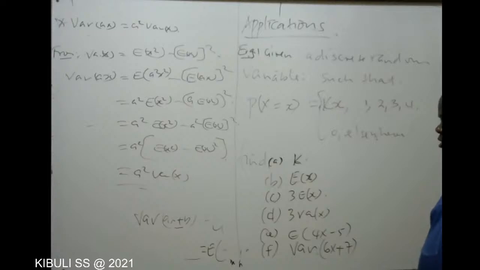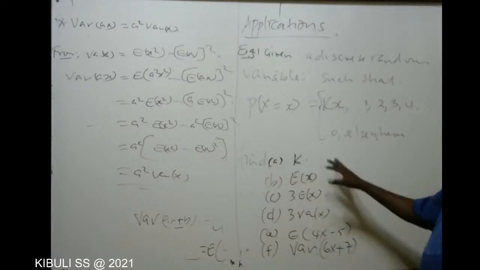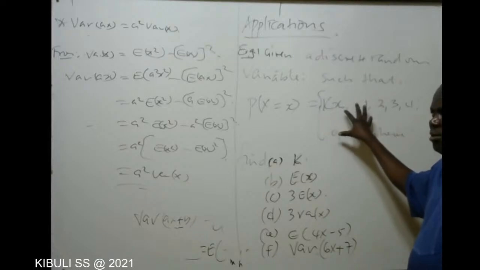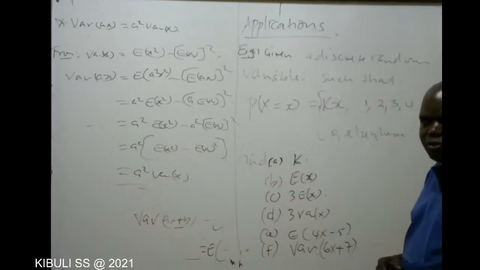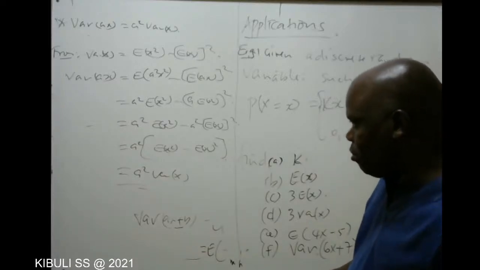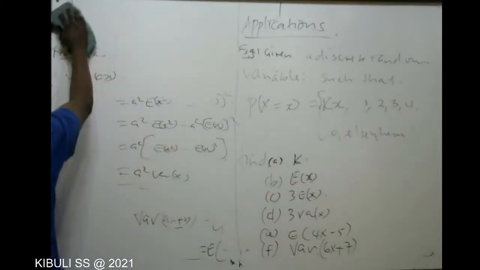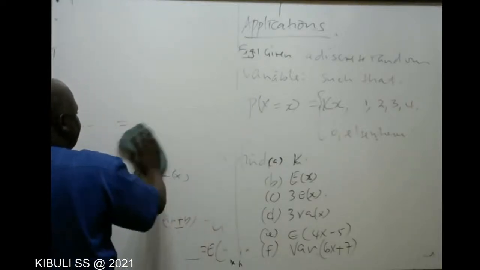The question then is, first, if this is a discrete random variable, what first condition is supposed to be applied here? What's the condition for a discrete random variable, which we discussed last time? That's the beginning point. What do we know about a discrete random variable?